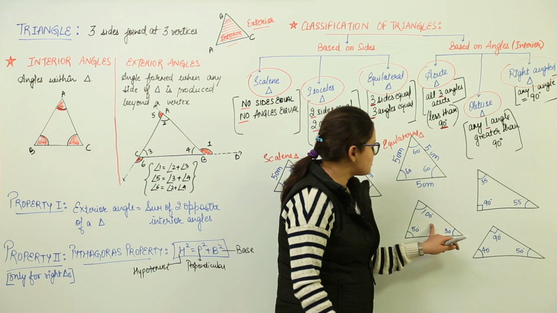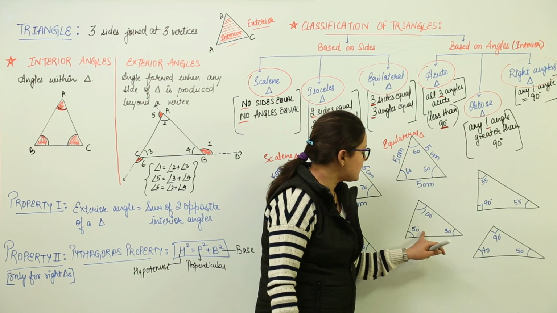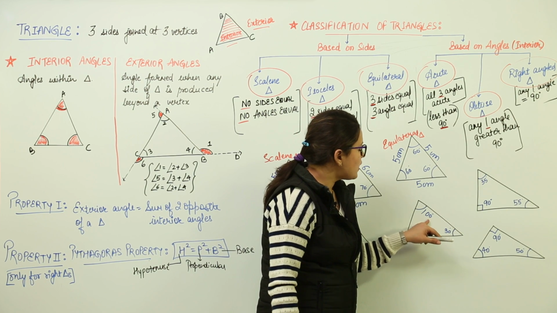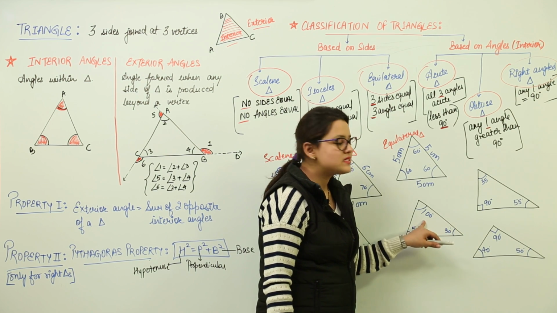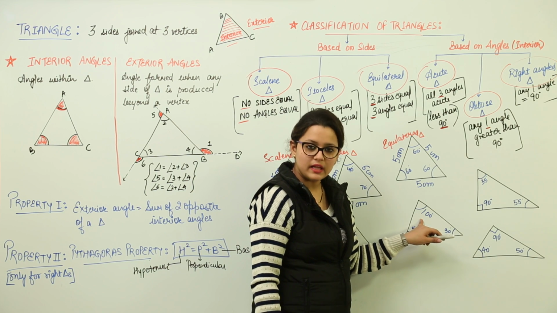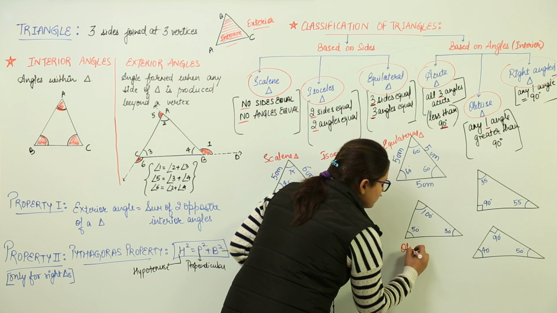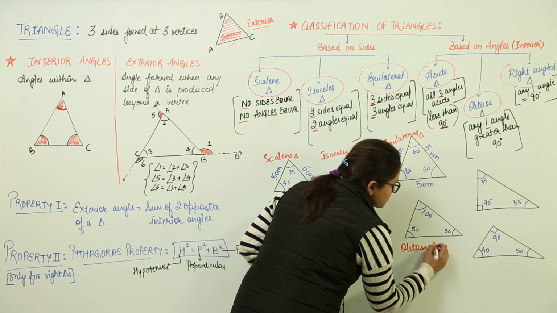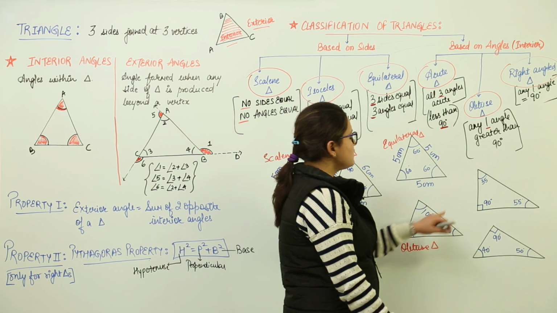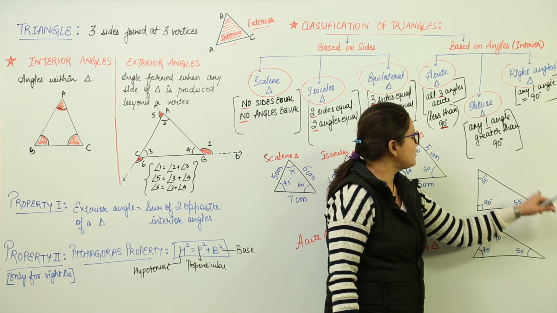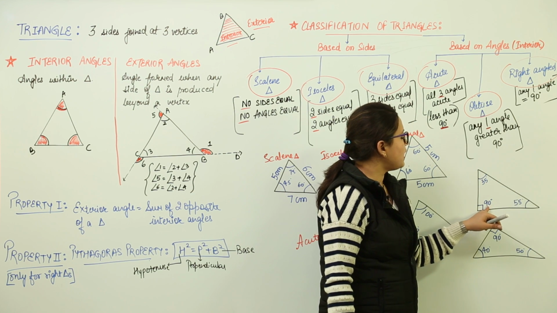Next we have the measurements as 100, 30 and 50. Here we can see one angle out of the three is having measurement greater than 90 degrees. So this triangle represents the obtuse triangle. So I will write obtuse triangle for this one. And this one is having an angle equal to 90 degrees.